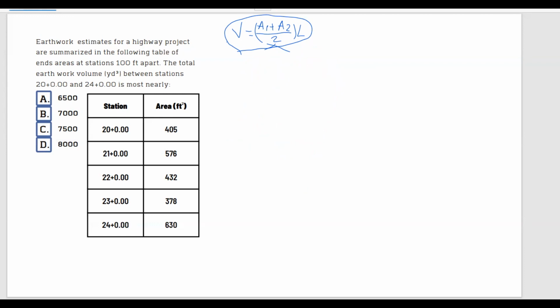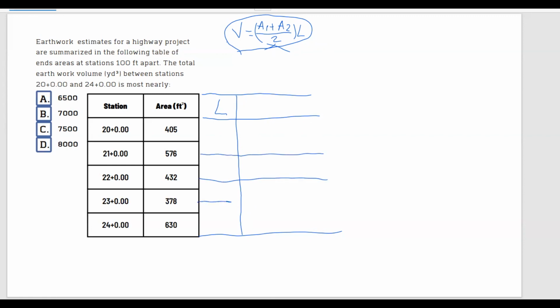So what I'm going to do, I will try and continue this because this is going to make it easier on me. I'm going to put distance L because sometimes it's possible that you're going to be given a problem where the distance between stations is not the same, so you need this. Okay, so distance from station to station, 100 and then 100.